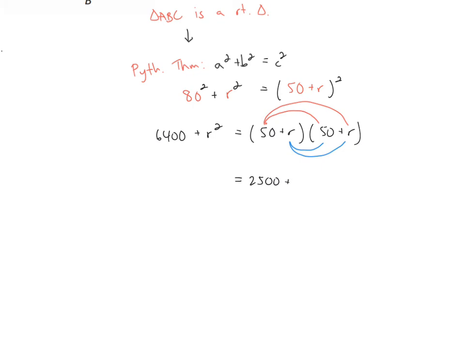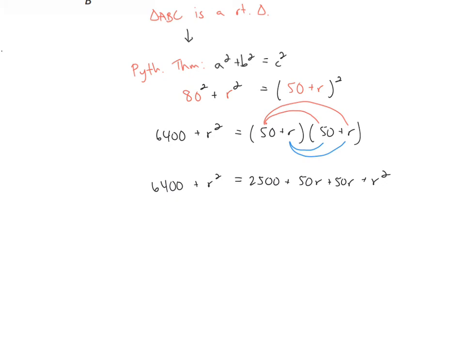That is going to give me 50 times r, 50r. Then we multiplied r with the 50 on the right side. That again is just another 50r. And last but not least, we needed to multiply our two r's together. That gives us r squared. And we didn't do anything to the left side, so let's rewrite that.